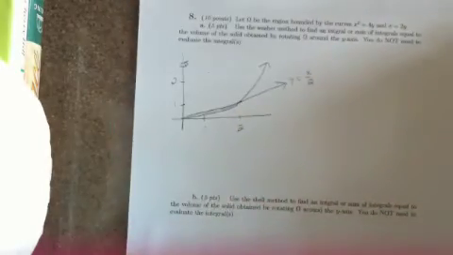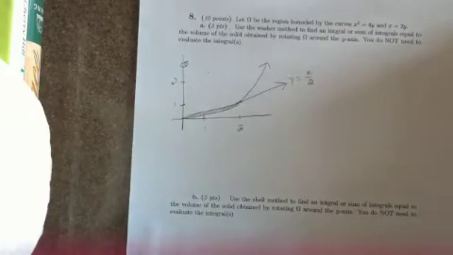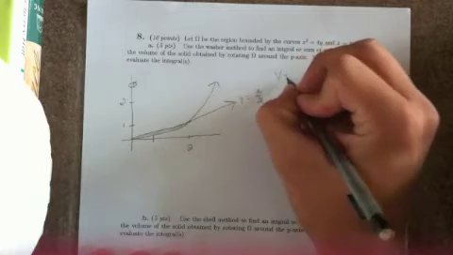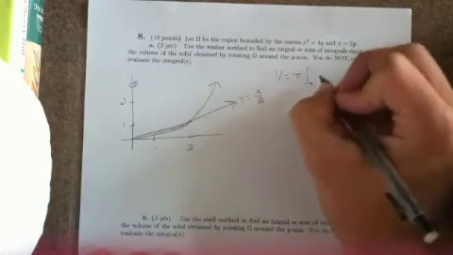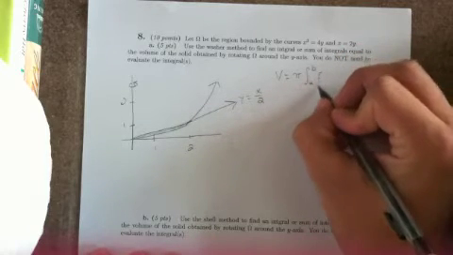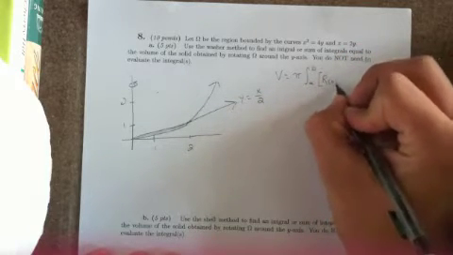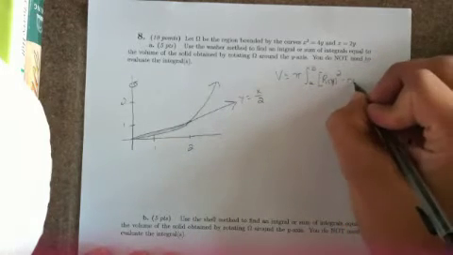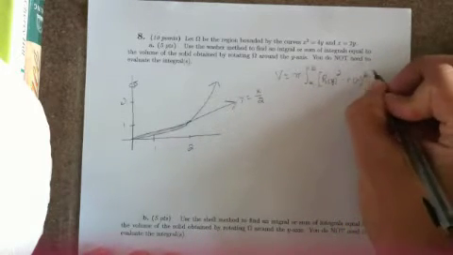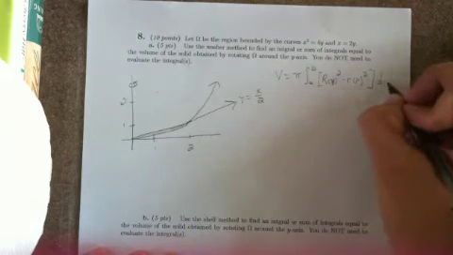Alright, so for this problem, they want us to use the washer method. The formula for it is right here. Volume equals pi times the integral over some interval of the outer radius in terms of y squared minus the inner radius in terms of y squared, dy.